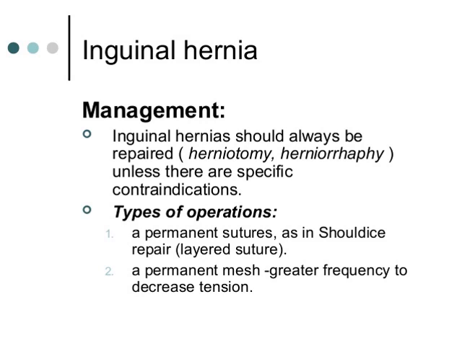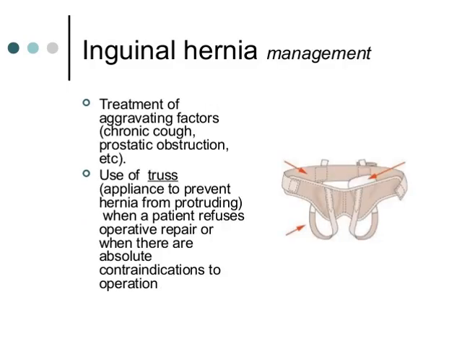Then they just approximate the conjoined tendon to the inguinal ligament in two layers. In Bassini repair, they suture the conjoined tendon to the ligament, but in Shouldice repair, they just approximate the conjoined tendon to the inguinal ligament in two layers.